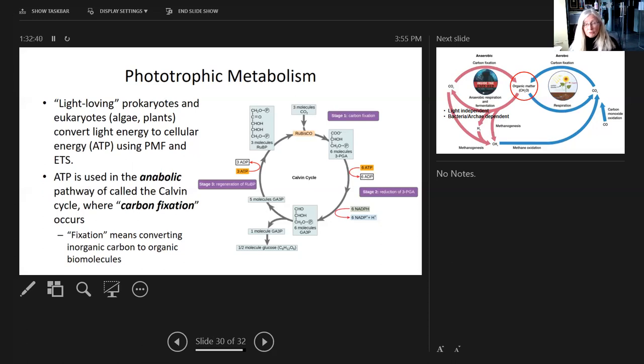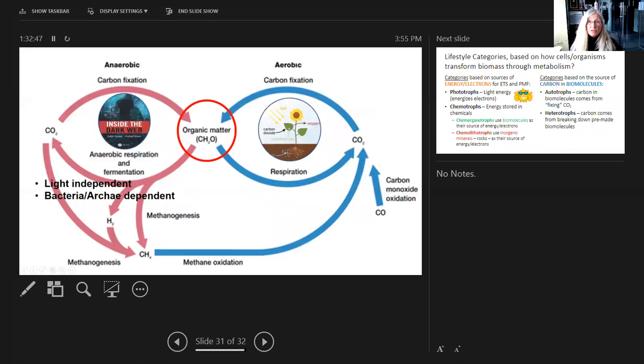So what I want you to realize is that with the carbon cycle, you were only given half of the story in general biology, because there is the aerobic version of the carbon cycle, which is the one you heard about. That's the one that always has the flowers and the trees.